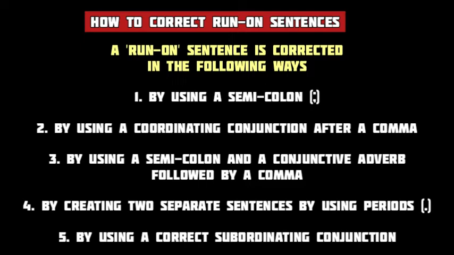A run-on sentence can also be corrected by using a semicolon and a conjunctive adverb followed by a comma. Another alternative is, if we have a run-on sentence, we may change the independent clauses into full sentences by using periods. An appropriate subordinating conjunction is also used sometimes to join the independent clauses and correct the run-on sentence.